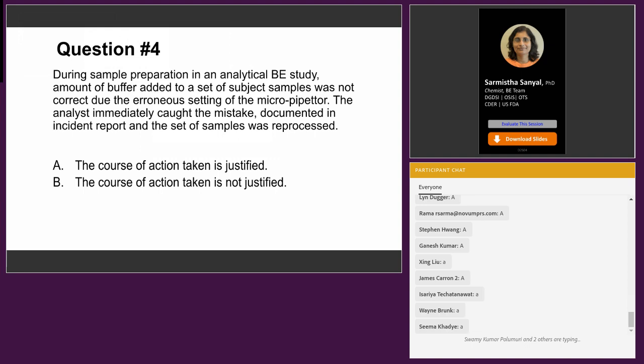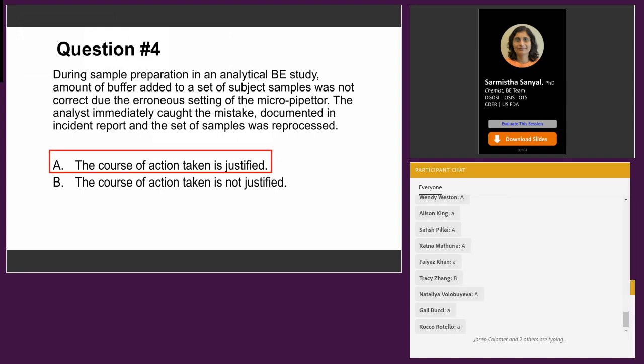Okay, I'm seeing overwhelming A, and yes, all of you are saying A. That's right. Option A is the right answer here. The course of action taken is justified. Now, during an analytical study, if there is any incident which may affect the results of a study, and we know incidents happen, a batch or a run can be rejected provided there is contemporaneous documentation to justify the rejection.